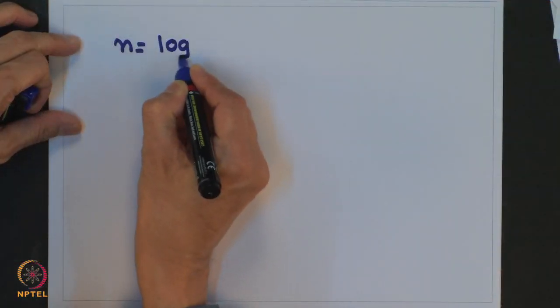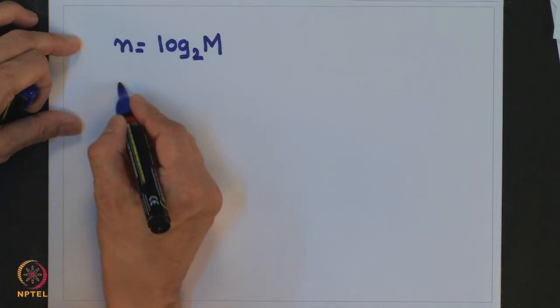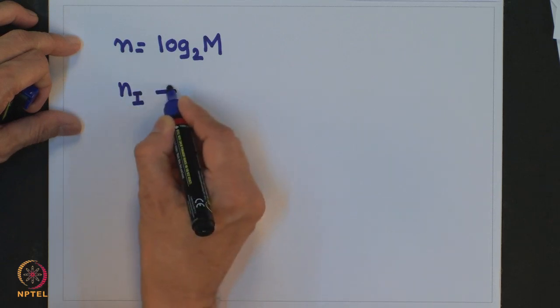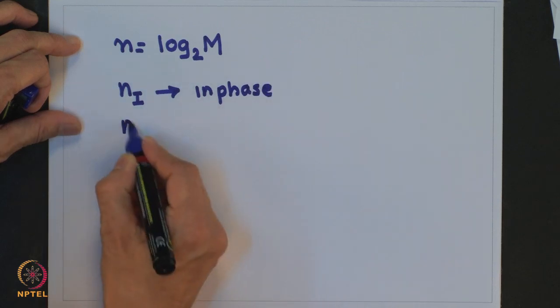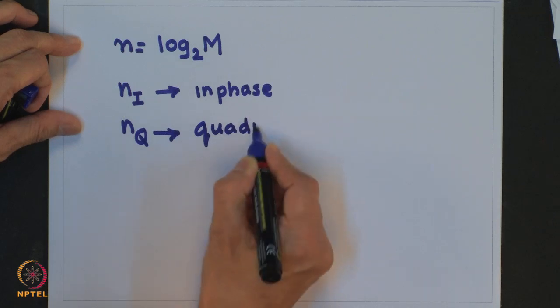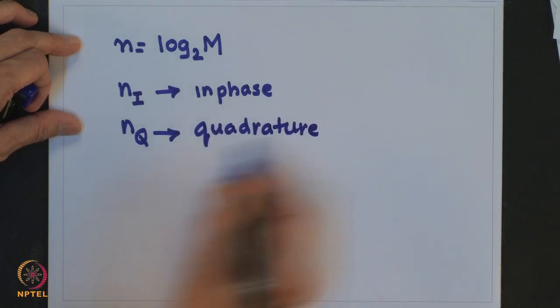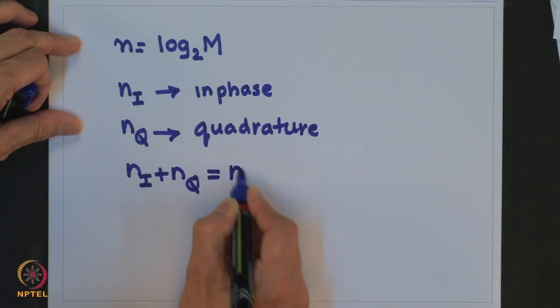This is because each group of n bits can be divided into ni in-phase bits and nq quadrature bits, where ni plus nq is equal to n.